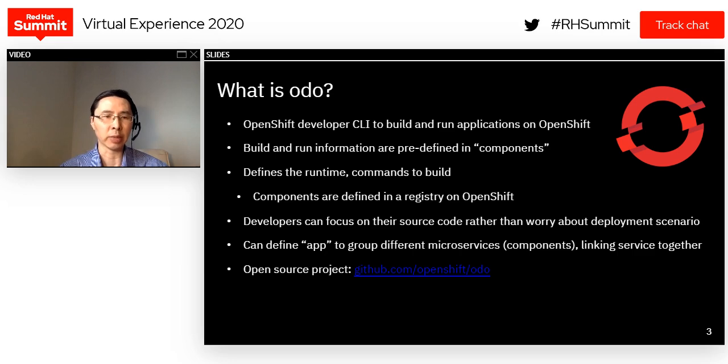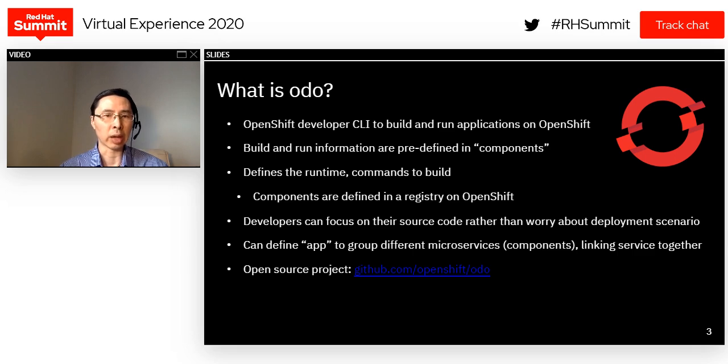Components are basically defining how the build and run of your application is. For example, the images used for your runtime, and it defines the commands that are used for the builds as well. Basically, all the build and run information is stored within the components inside Odo.